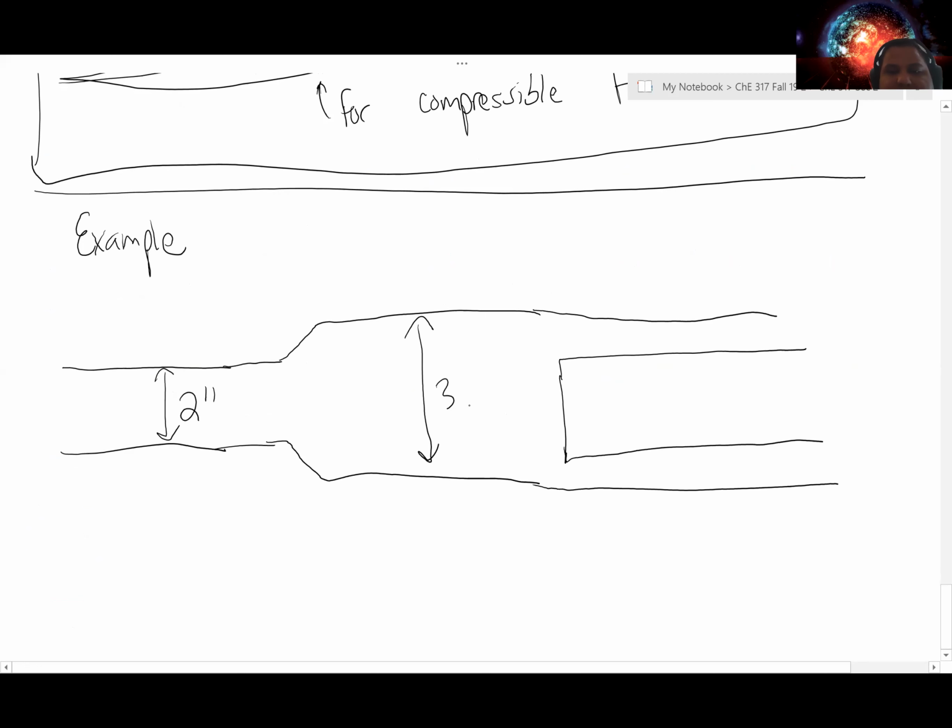This was 3.5 inches, 1 inch, and 1.5 inches. So I have A, B, C, D. My initial flow rate is 25 gallons per minute, GPM.